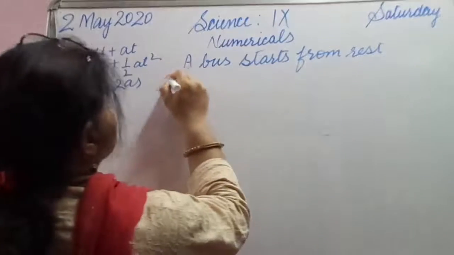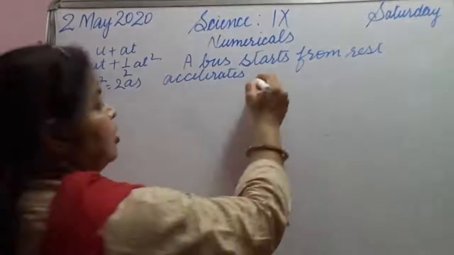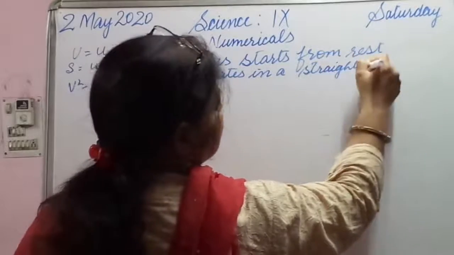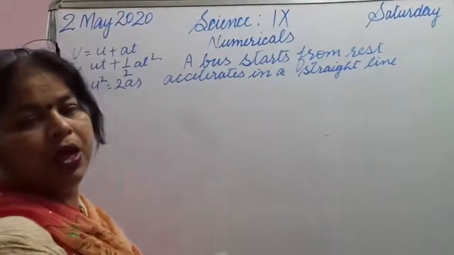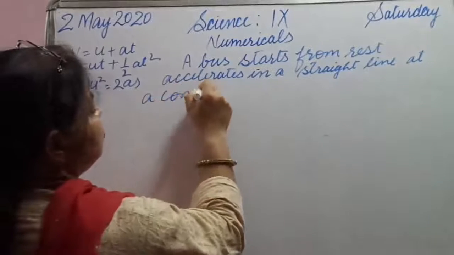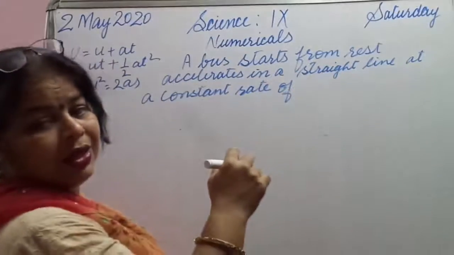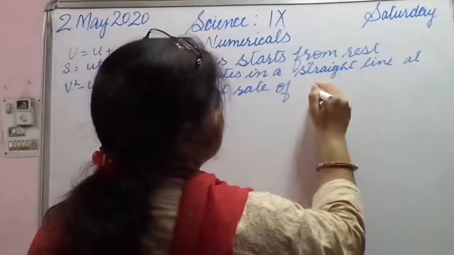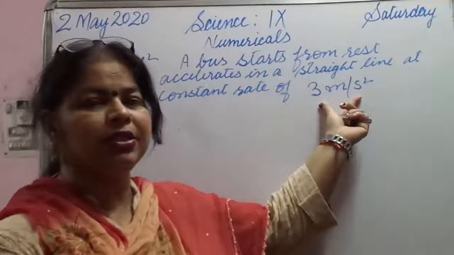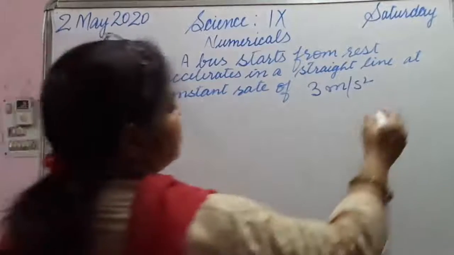Accelerates in a straight line at a constant rate of 3 meter per second square. So units will tell you what is the value they are talking about. Meter per second square means acceleration. For 8 seconds.